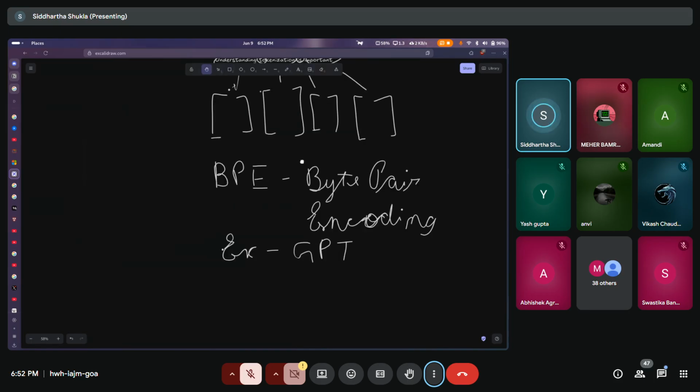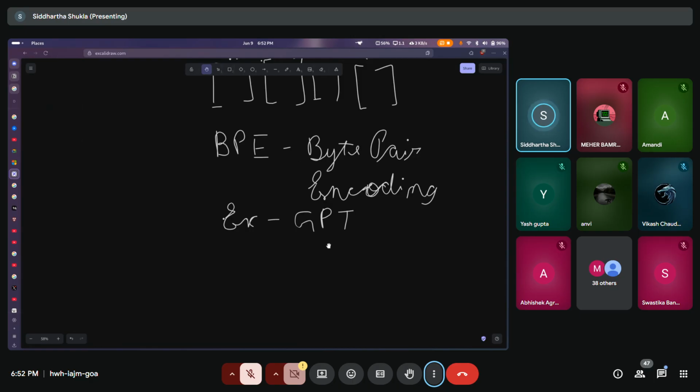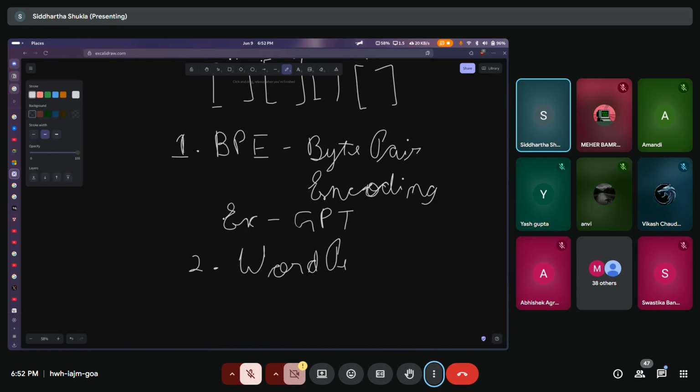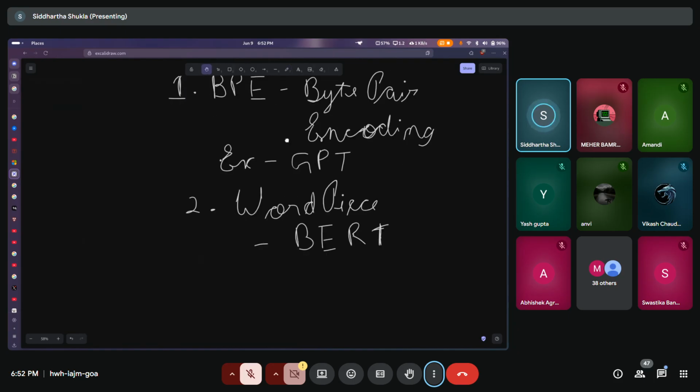Then another technique that we have is WordPiece. WordPiece is used by BERT. As you may have heard of BERT, we're going to cover BERT today as well.